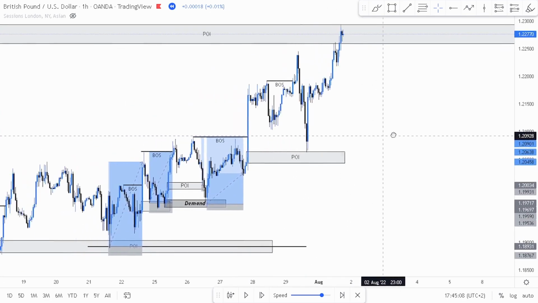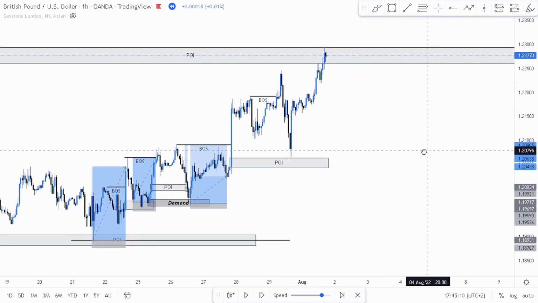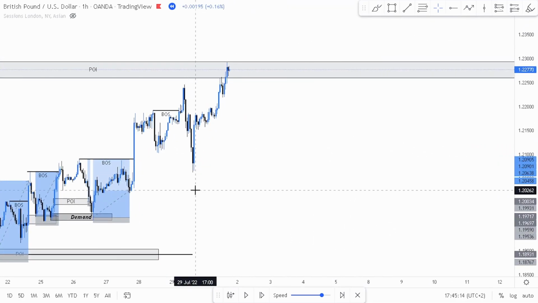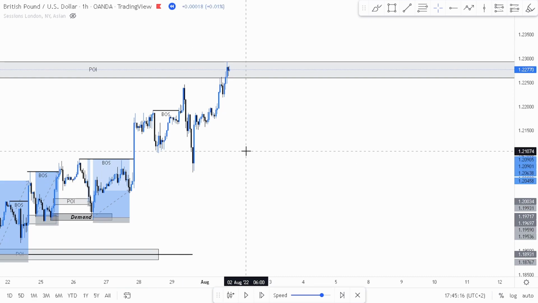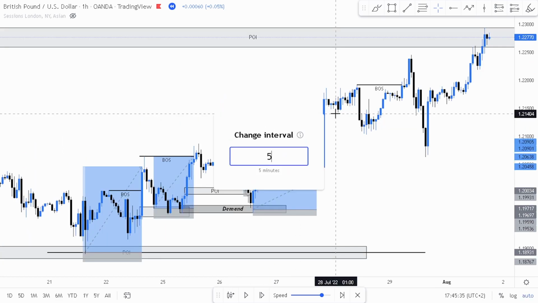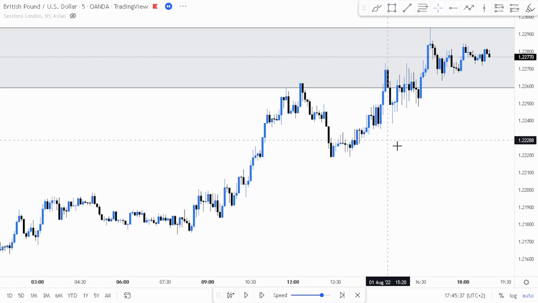So once we have entered our POI, I immediately stop looking for any buys because institutional order flow tells me that the order flow of this market is heavily bearish. So I'm in a level of supply right now, and I'm looking for change in market direction. What does this mean? This means we go down to our smaller time frame.